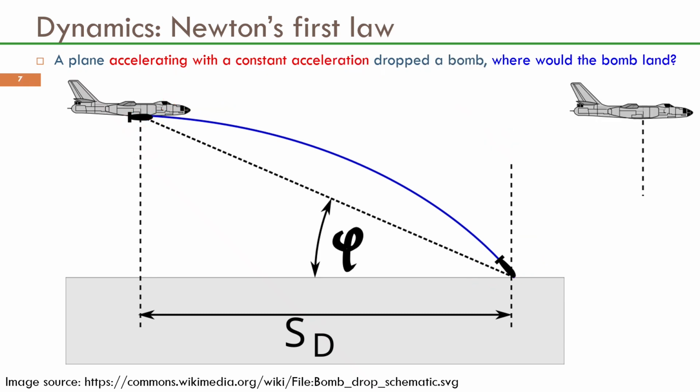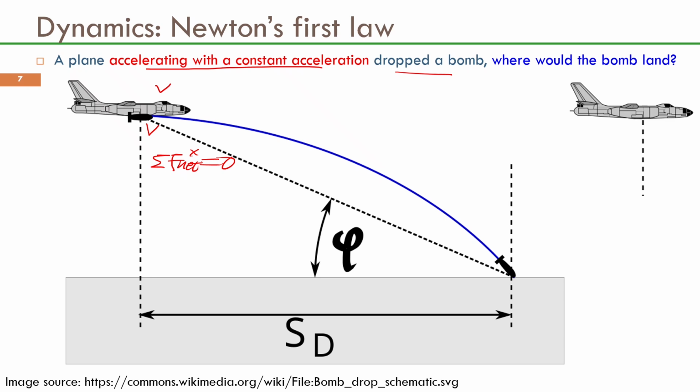Let's look at a similar but different question. So let's see, a plane accelerating with a constant acceleration drops a bomb. Where would the bomb land? Alright, while the plane drops the bomb, the plane and the bomb have a velocity of v. Based on Newton's first law, after the bomb is dropped, along the horizontal direction for the bomb, sigma F net x is 0. So for the bomb, its horizontal velocity will not change.